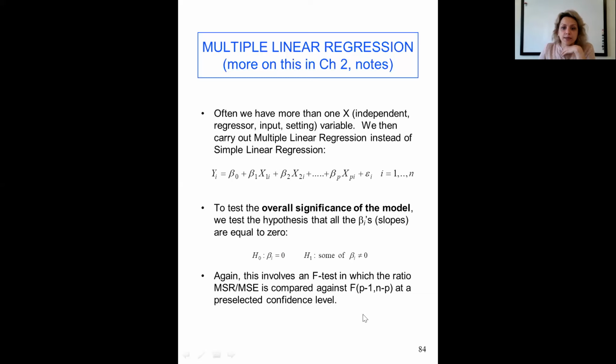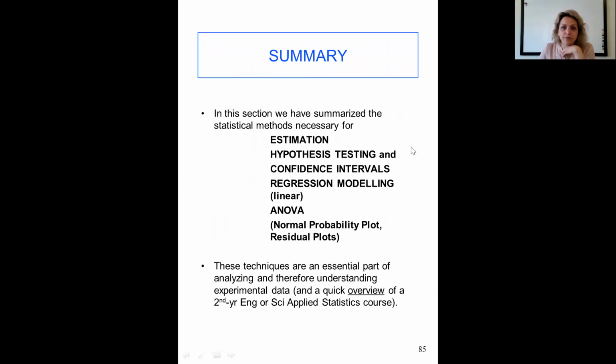Okay, so let's see what we have covered in chapter 1. We talked a lot about estimation, statistical inference like hypothesis testing and confidence intervals, the regression model, linear one basically, and the ANOVA table.